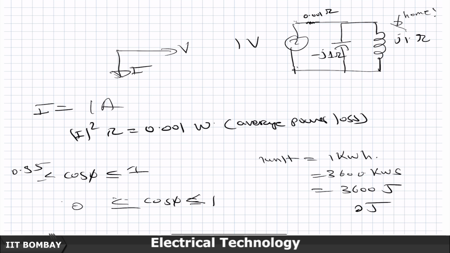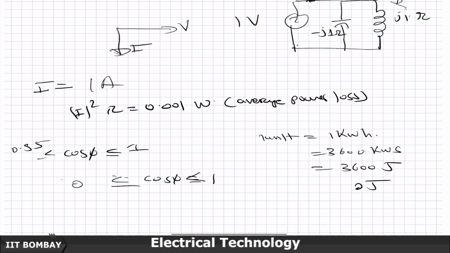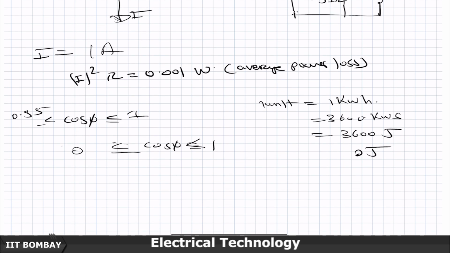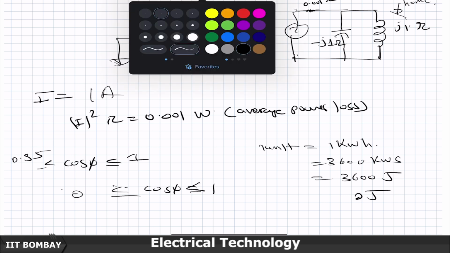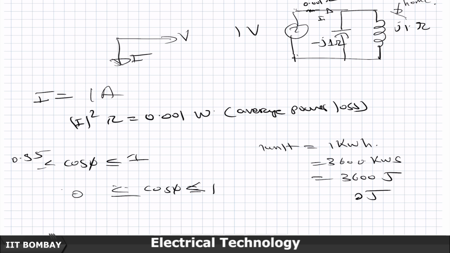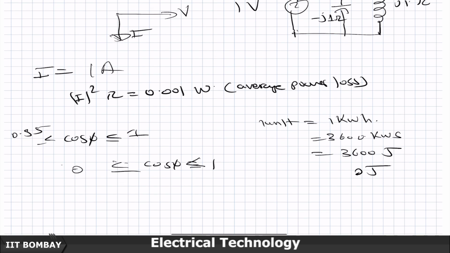In this very simplistic example, let me just put a capacitance of -j1 ohms. Then what is going to happen to I net? I net will be 0.